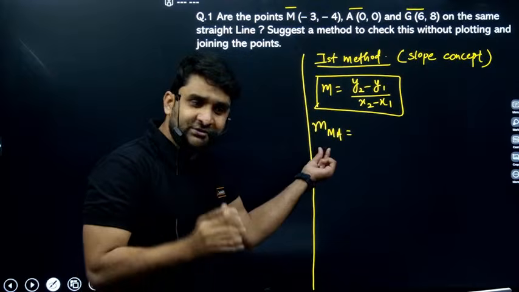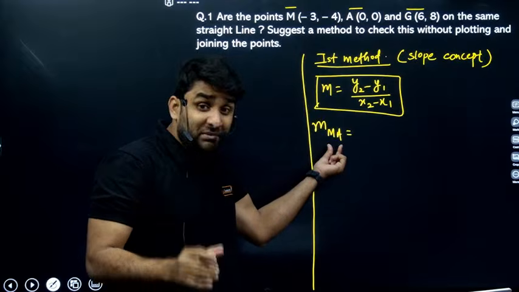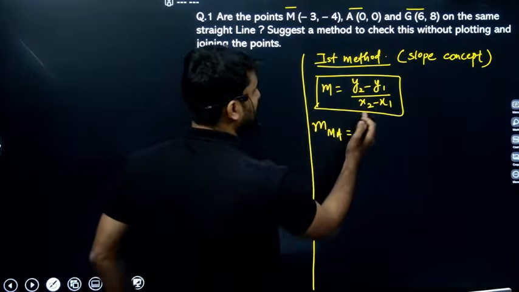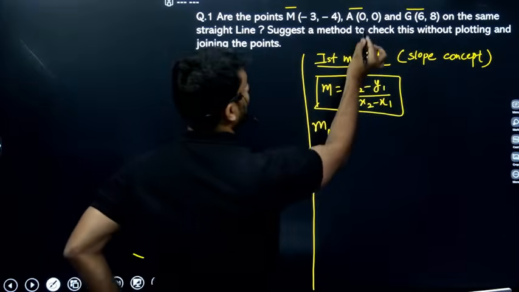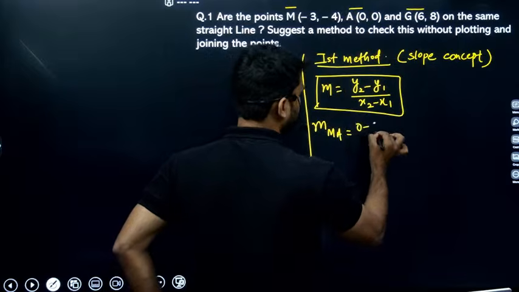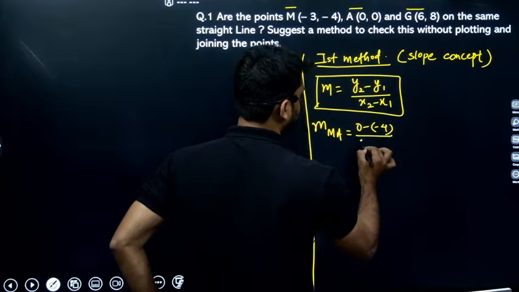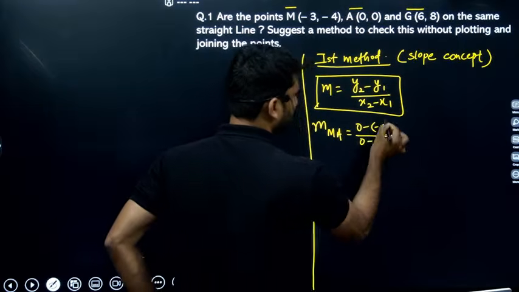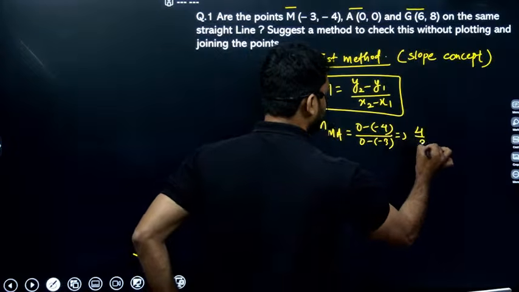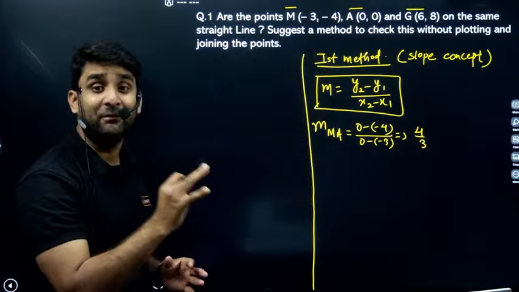Small m represents slope and capital MA means we are calculating slope between points M and A. So (y2 minus y1) divided by (x2 minus x1). y2 is 0, so 0 minus (-4) divided by 0 minus (-3). If you calculate here, the value will be 4 by 3. So this is the slope between point M and A.